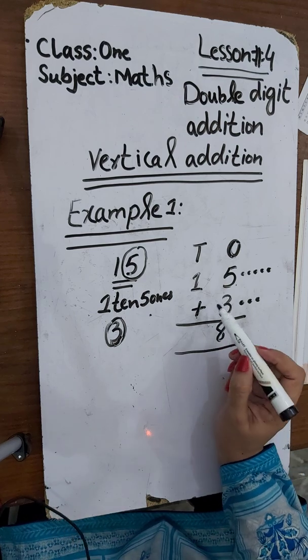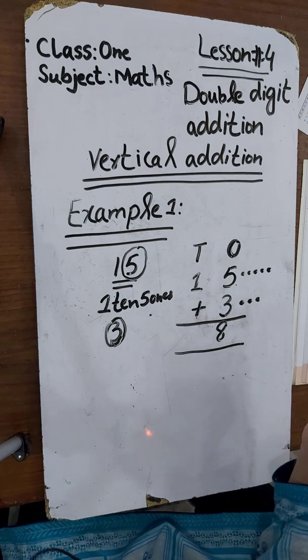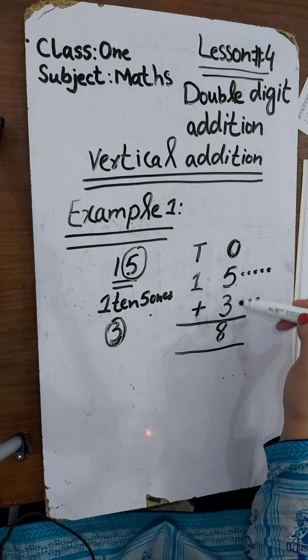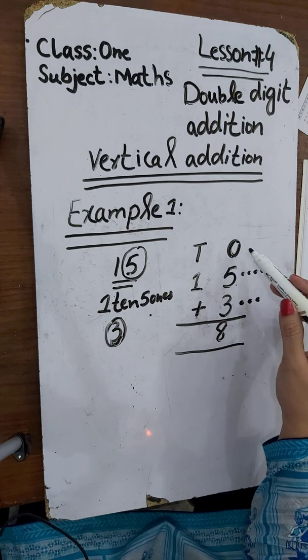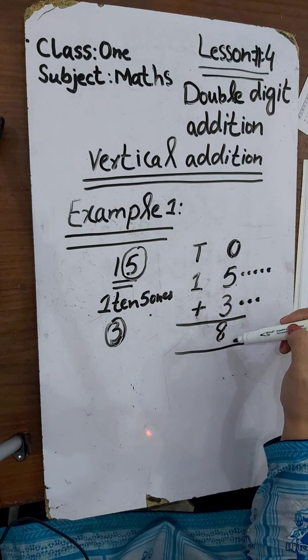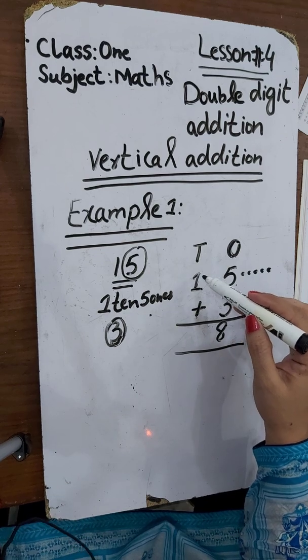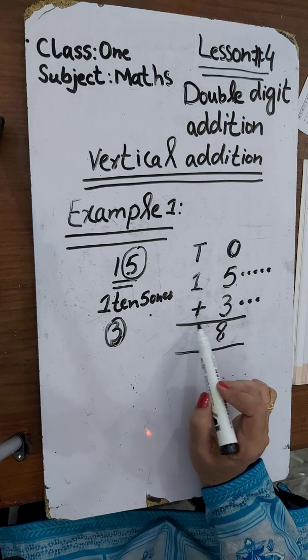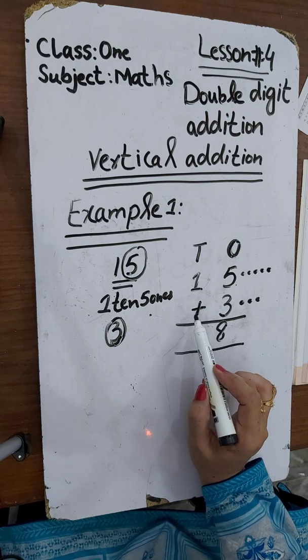Very good. Now from which side will we start addition? Yes, always start from the right side. First we will add ones, then we will add tens. Now there is 1 ten and there is no number, so it is 0.